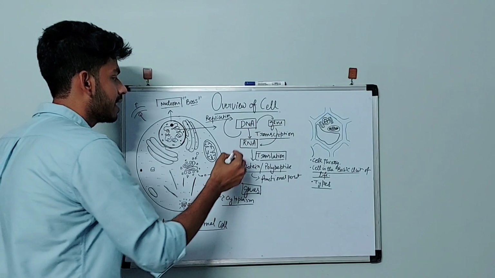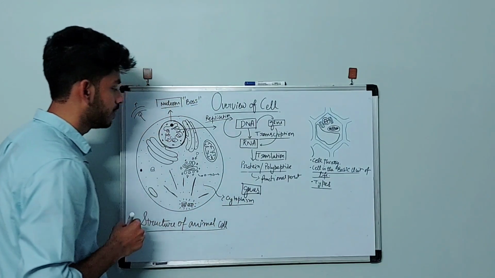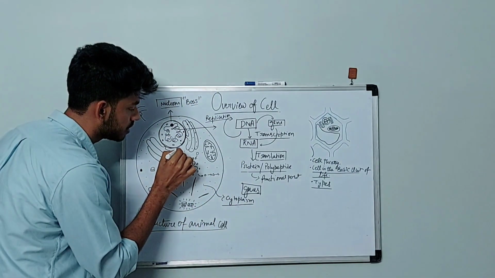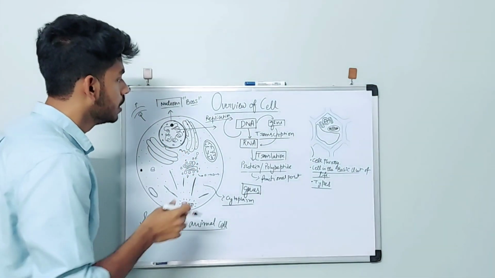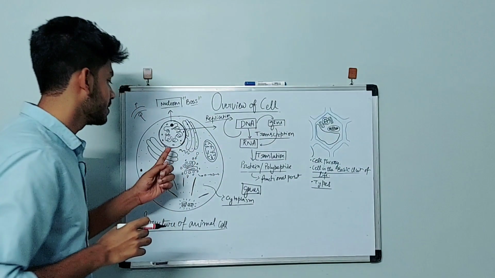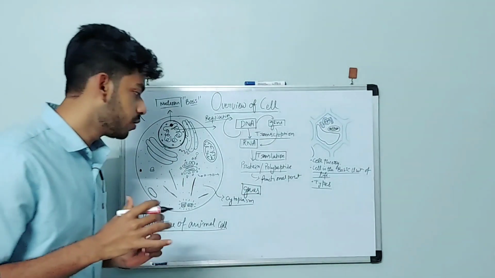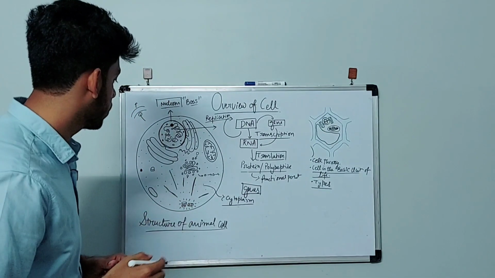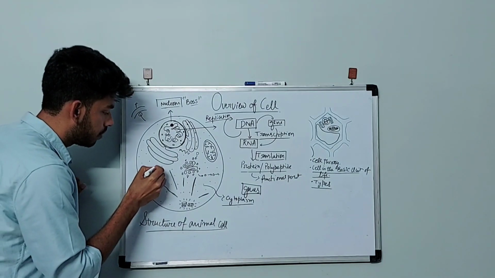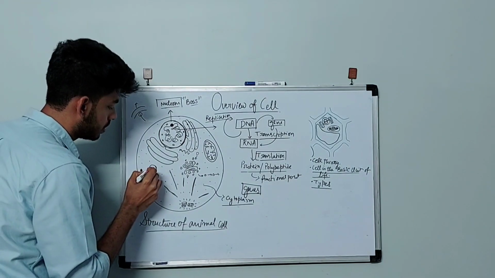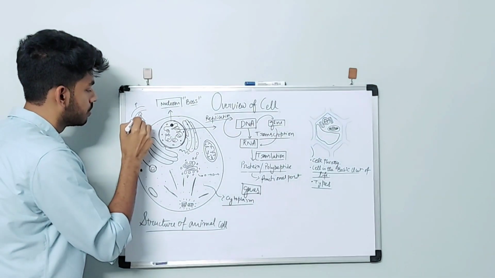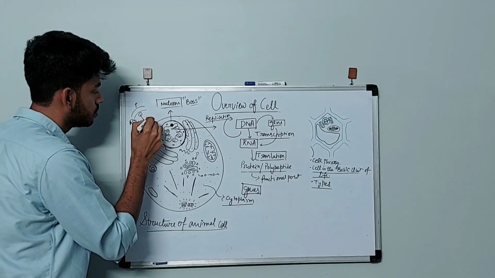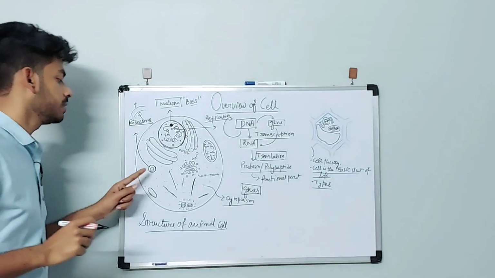So the RNA has finally come to the cytoplasm. I am drawing this as RNA, and this as RNA. So DNA to RNA has arrived at the cytoplasm. Now there is another structure I have drawn here. This one's name is ribosome.